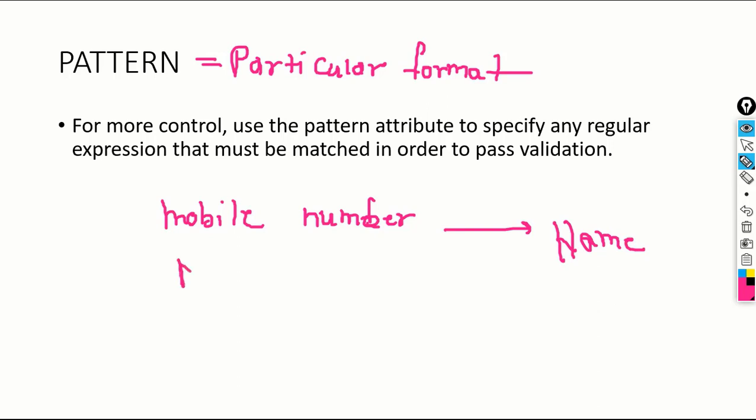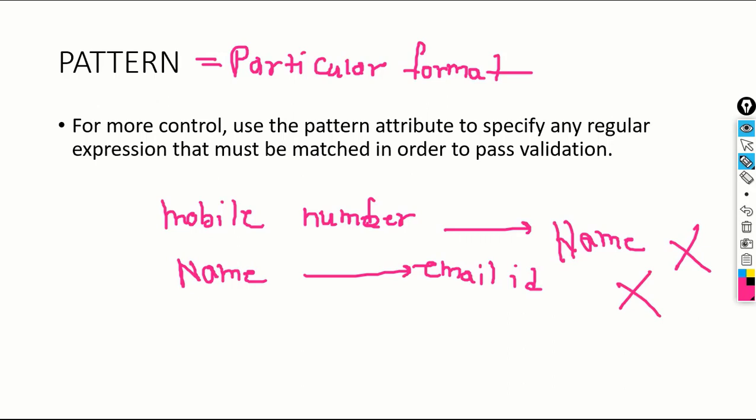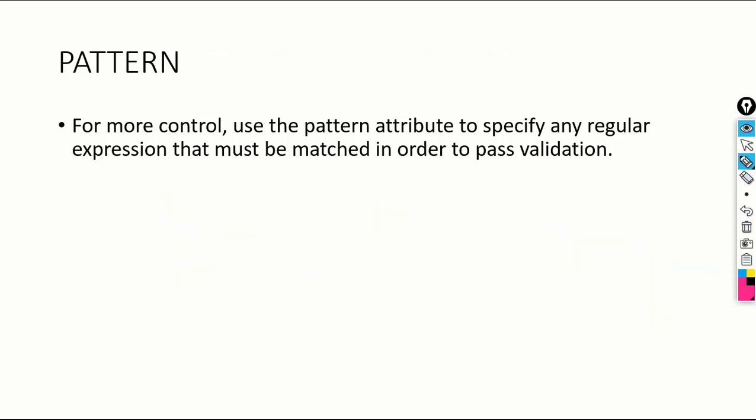And in the name field, I cannot write my email ID. If I do so, it will give me an error, a validation error, correct? So pattern is used to specify a particular format of input value. Now let's understand this with one example.